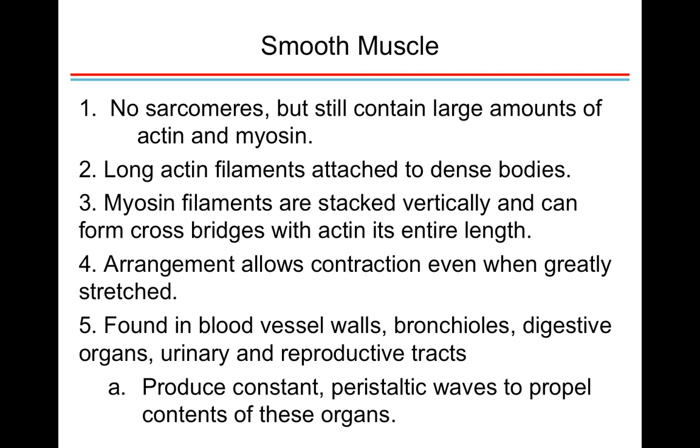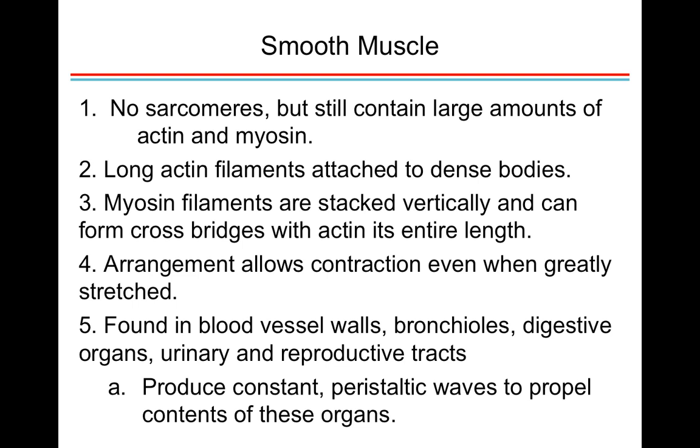The last type of muscle I'd like to discuss today are the smooth muscles. Smooth muscles don't have sarcomeres, but they do have actin and myosin. Instead of Z discs, these actin and myosin filaments are attached to dense bodies.